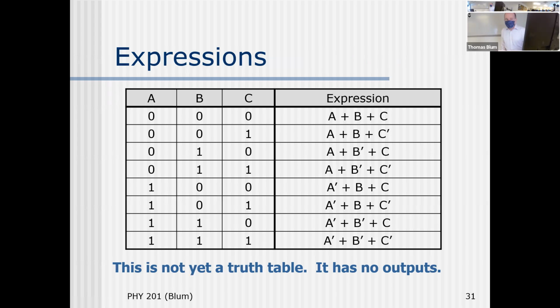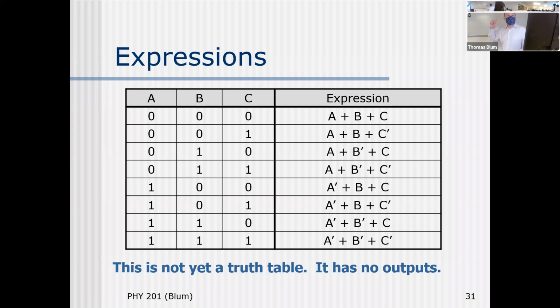Okay, so I don't have a truth table, I'm just telling you here the different expressions. If there were a 0 in the first row, that's A or B or C. If I have a 0 in the second row, that would be A plus B plus C prime.